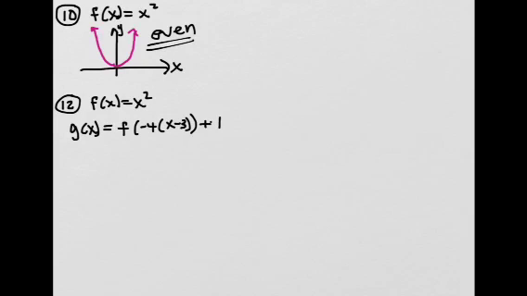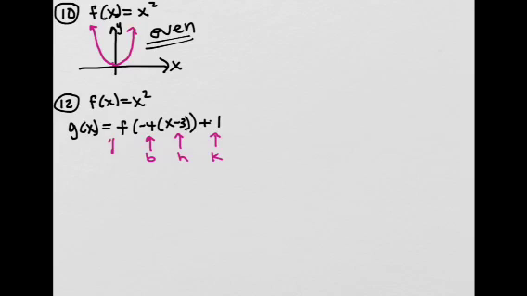Okay, so for number 12, they ask you to describe the transformations that are happening here from f of x to g of x, and then to graph g of x. Okay, so first off, identify the parameters. So this one right here is b, this is h, this is k, and right here in front of f is your a.